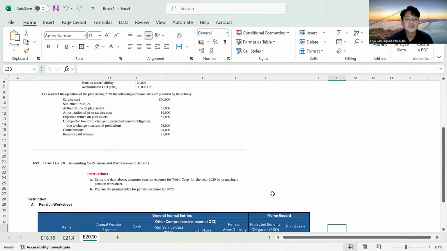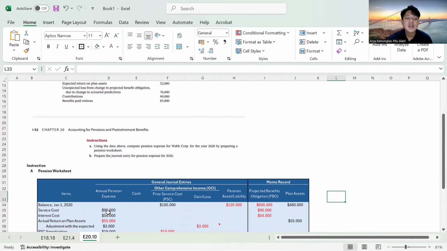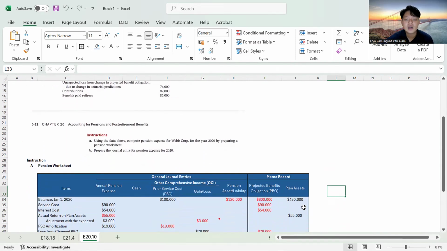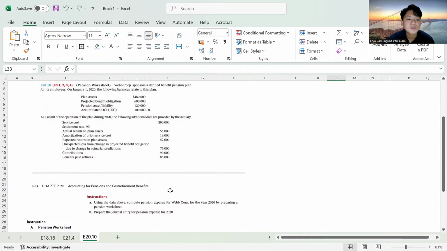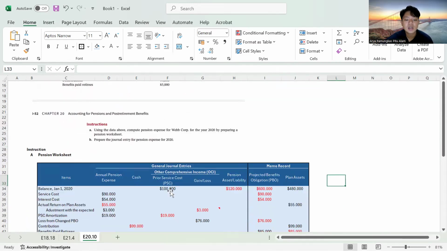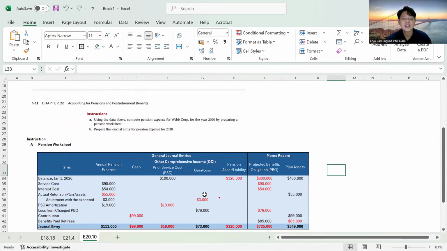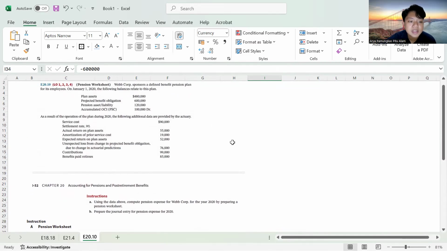And then the rest we are just going to move, like the service cost for $90,000, which is going to add to the PBO, and the interest cost for $54,000, which we get from $600,000 multiplied by the rate itself, which is 9%.